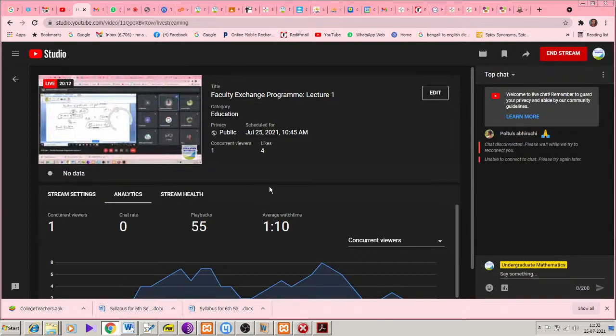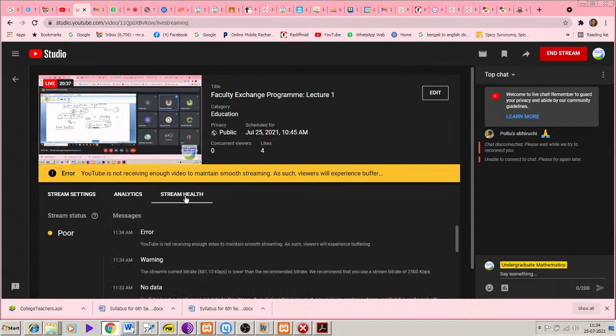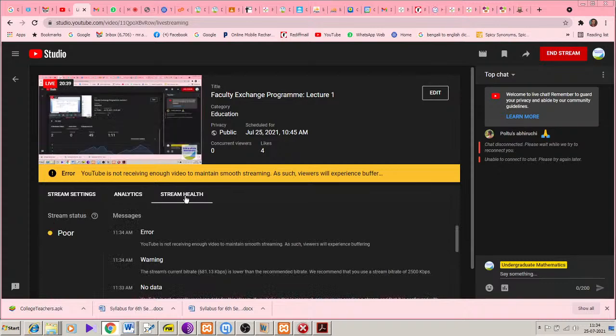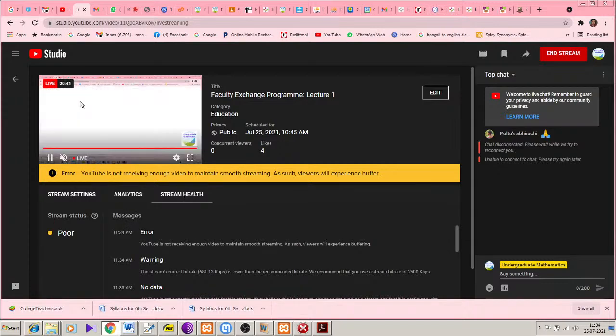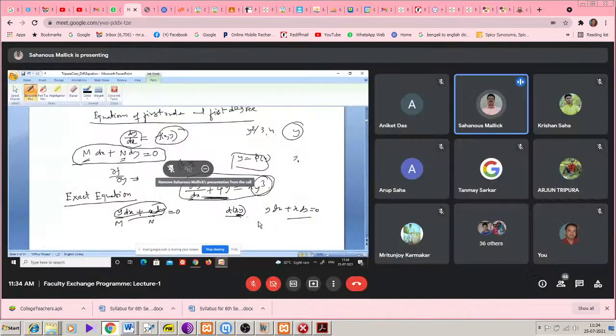So this equation y dx plus x dy equal to 0 is an exact differential equation. That is, if the differential equation M dx plus N dy is immediately, that is without multiplying by any factor, expressible as du, where u is a function of x, y, then this equation is said to be an exact differential equation.